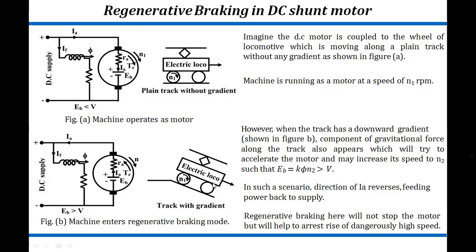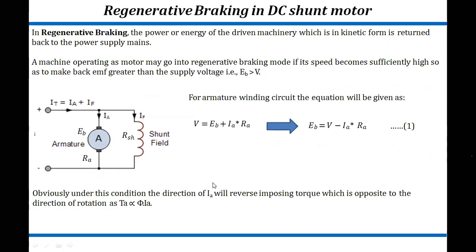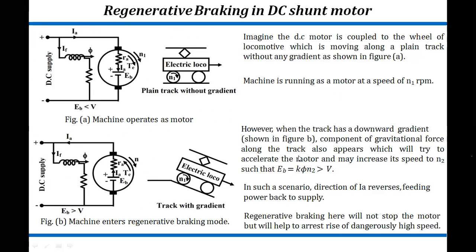So you will get here equations which will reverse the direction of current, and you will get the value of back EMF that will be greater than V. So in such a case, we can reverse the direction of armature current by feeding power supply back.